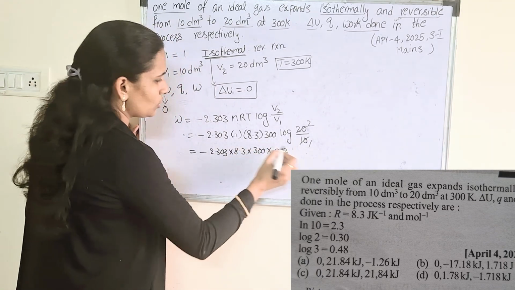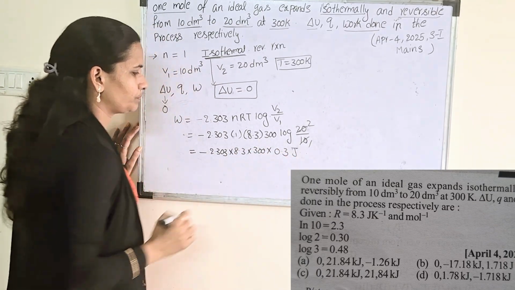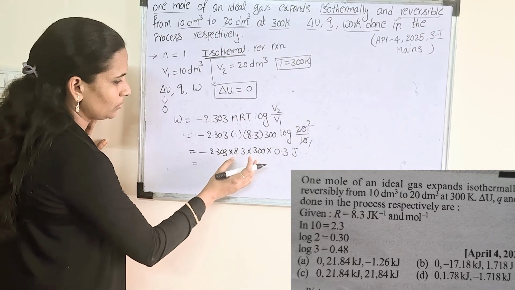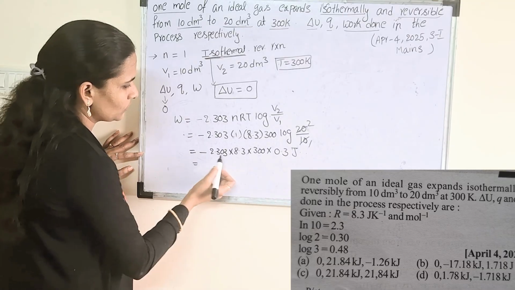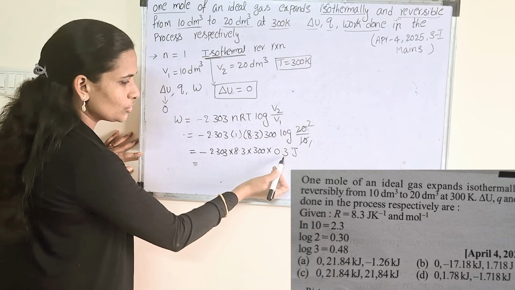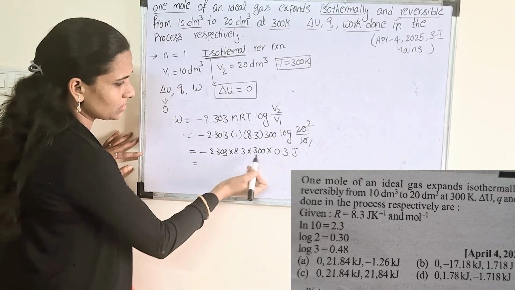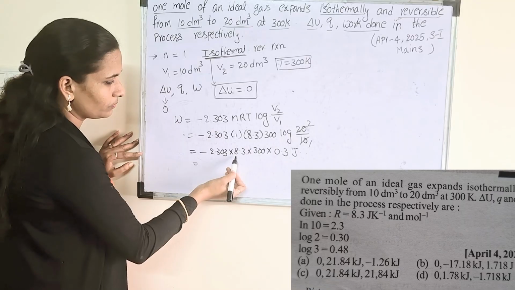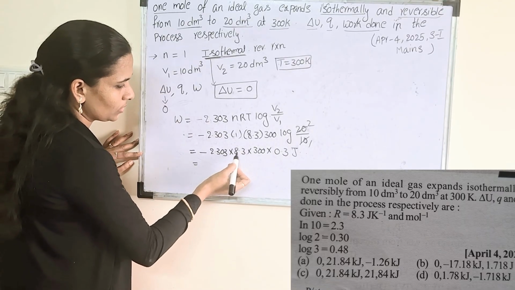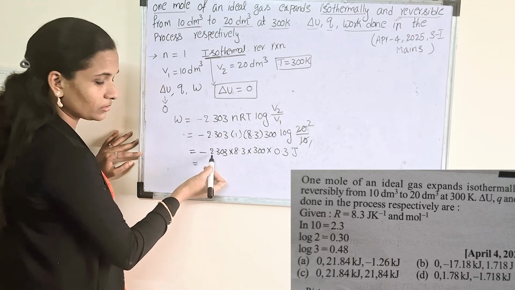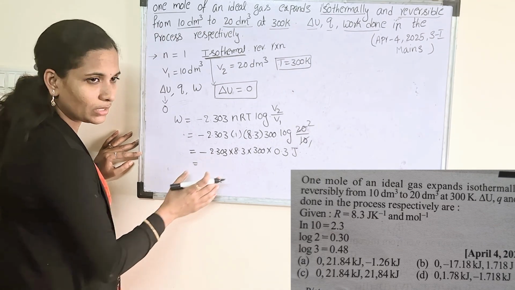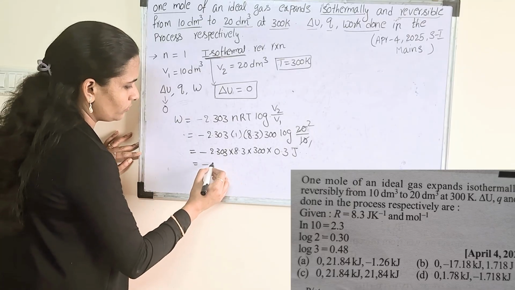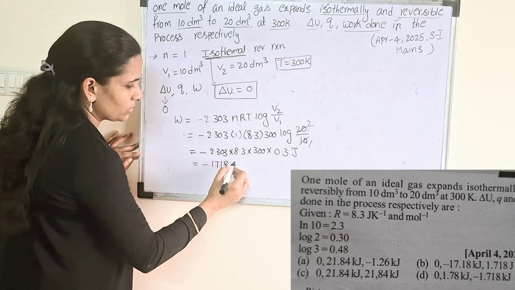This R value is in joules, so the total will come in joules. Now if you multiply and calculate nearly, 300 into 0.3 is 90, and 90 into 8.3 is nearly 750, and 2.303 times that is nearly 1700 range, so the total value will be minus 1718 joules.